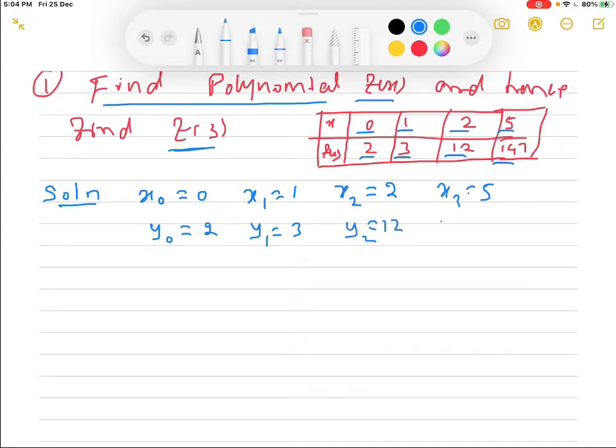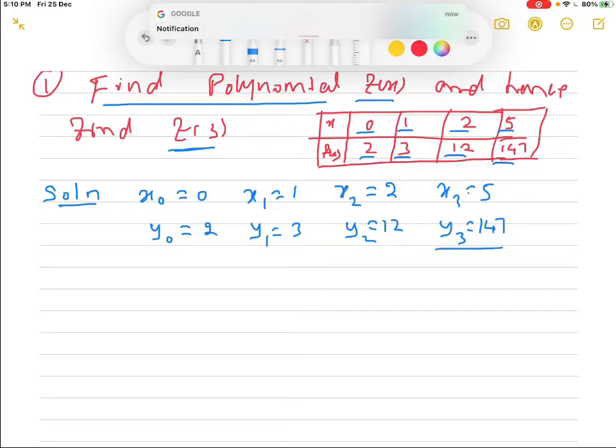Corresponding y0 is equal to 2, y1 is equal to 3, y2 is equal to 12 and y3 is equal to 147.